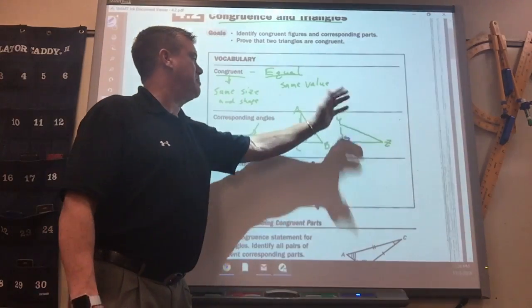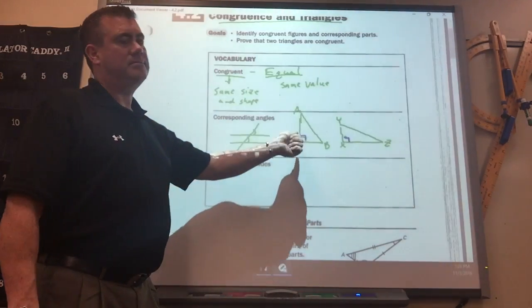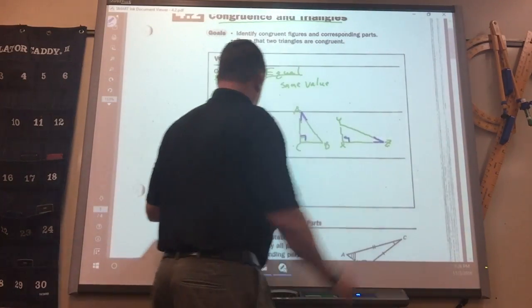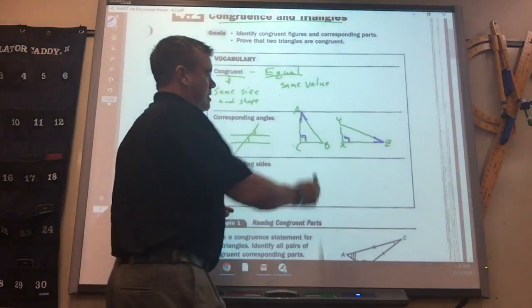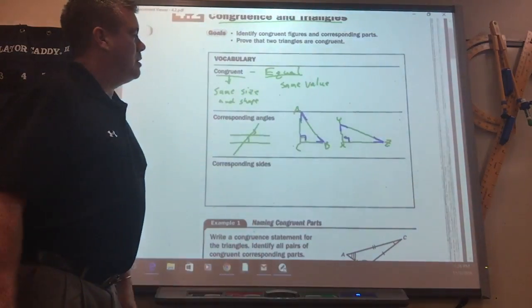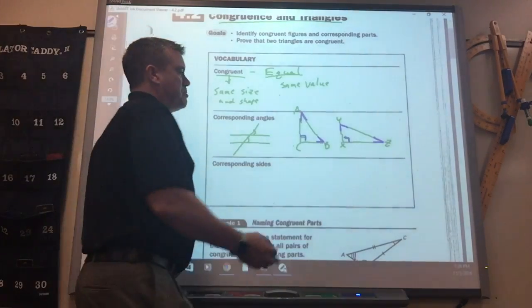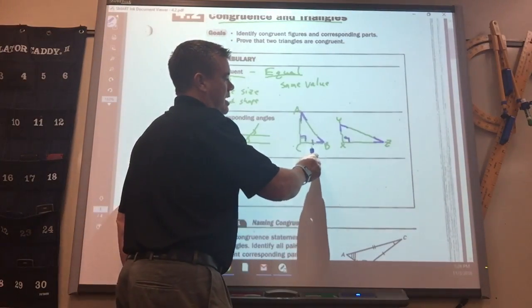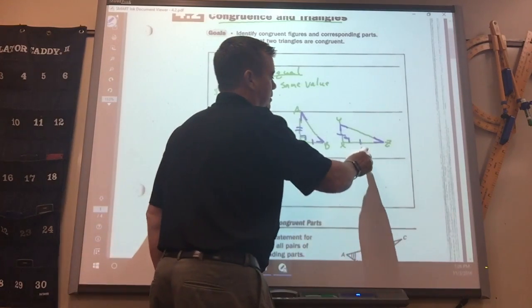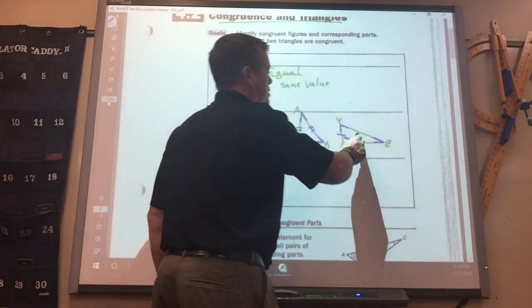If you could turn this up and flip it, it would look just like that. And then angle A and angle Z are corresponding, and angle B and angle Y are corresponding. So the same thing with the sides, the corresponding sides. This side would correspond to that side. This one would correspond to that one. And this side would correspond to that one.